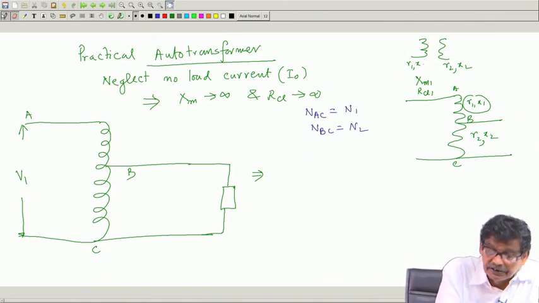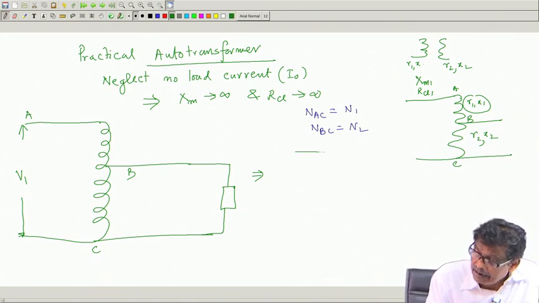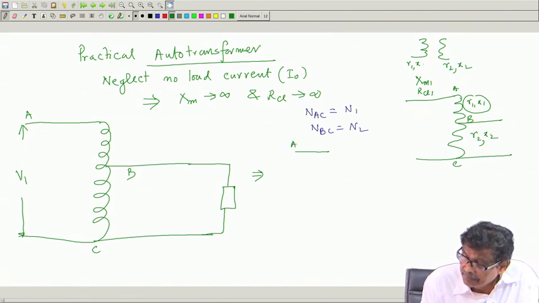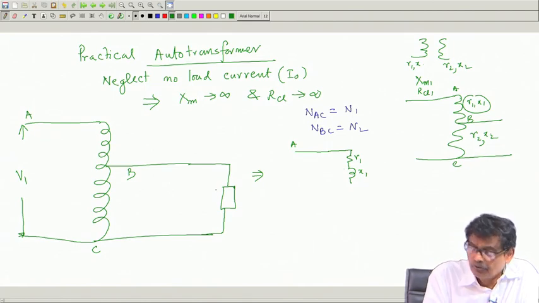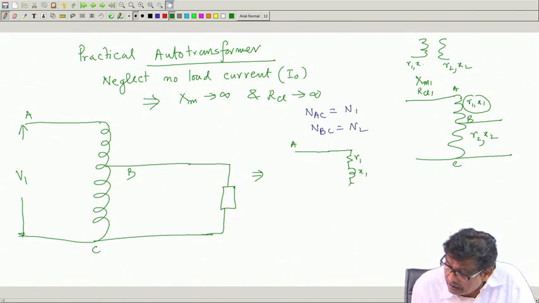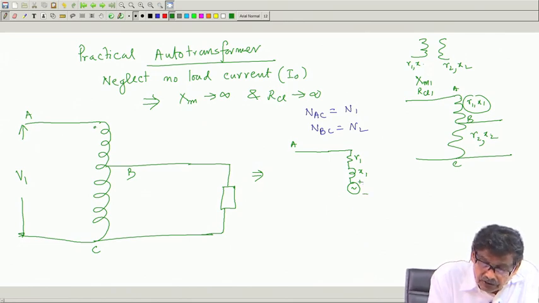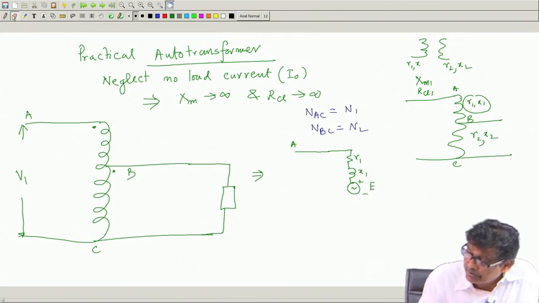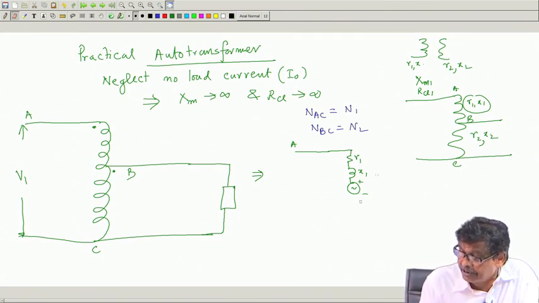So, I will draw it in this way. I start from A point, V 1 is the supply voltage, then there will be just like the two winding transformer R 1 X 1, it will only cause extra voltage drop, and then will come your E 1, and these two are dots. I am not sure whether it will be E 1, I will write what it will become.